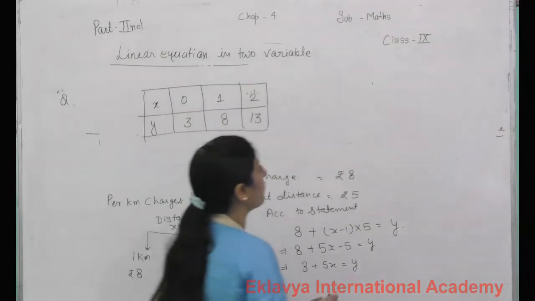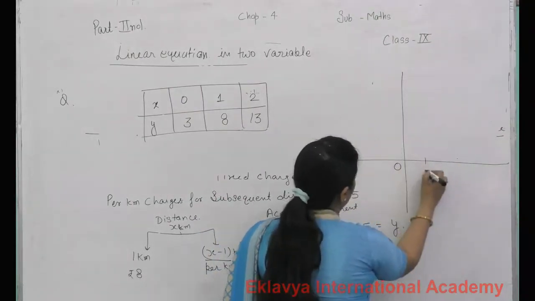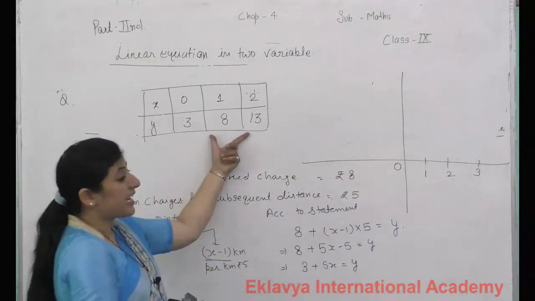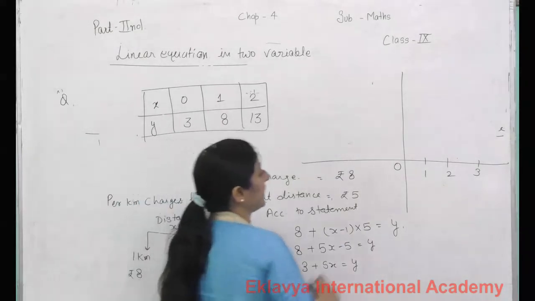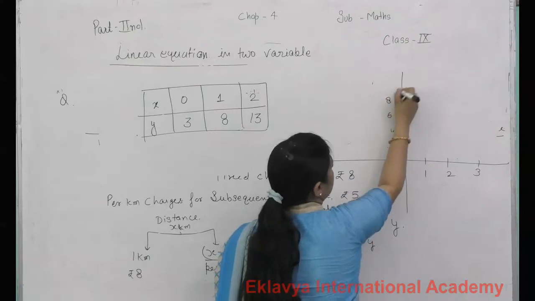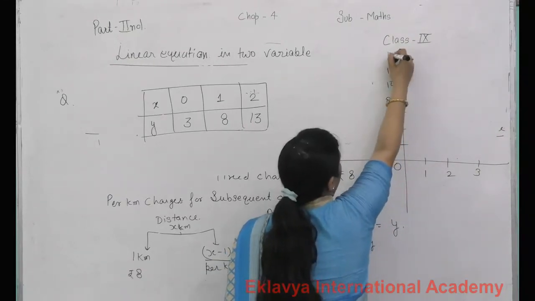Now draw a graph for it. 0, 1, 2, 3 on the x-axis. The y-axis maximum is 13, so I can take 2, 4, 6, 8, 10, 12, 14.